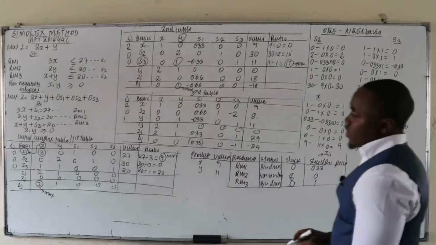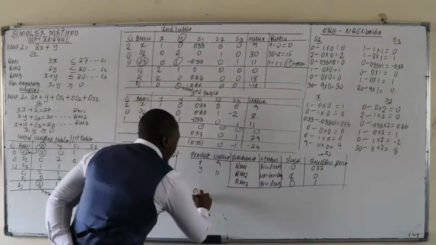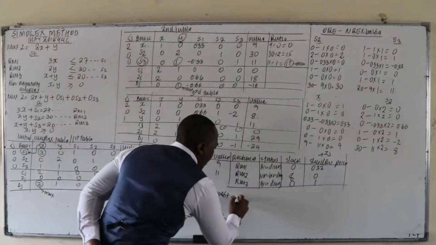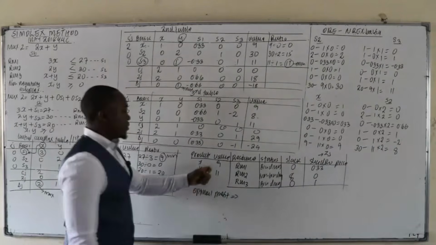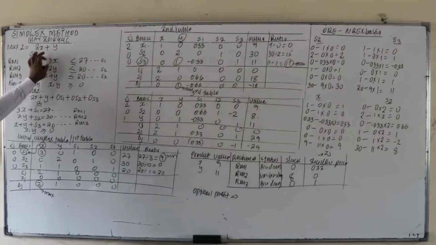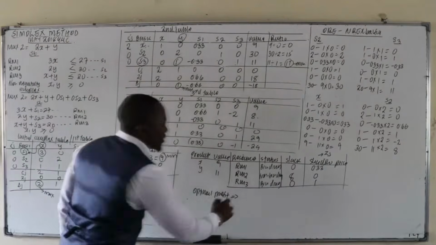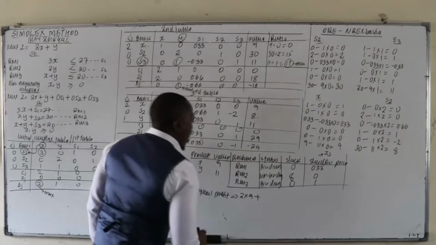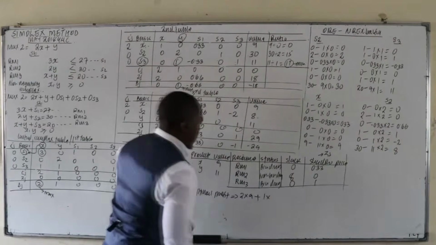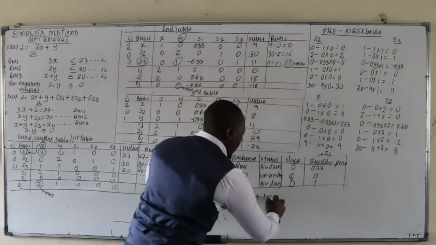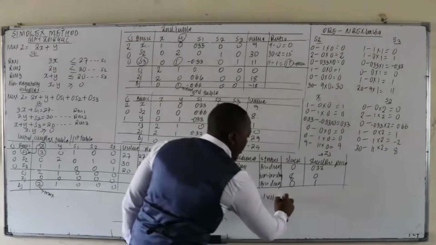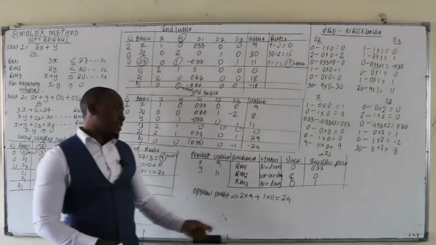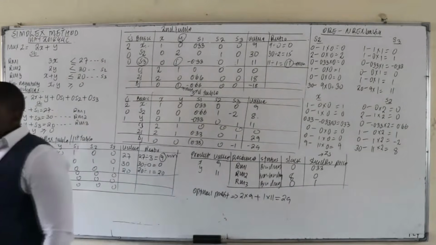What about the optimal profit? Optimal profit we have is 29, which is the same as doing this. The profit function is 2 of X, 1 of Y. So it's 2 of X, of which we have produced 9, and 1 shilling for each unit of Y, which is 11. If you do that, you will get 29. It was the same as that. Good. And you're done with that.